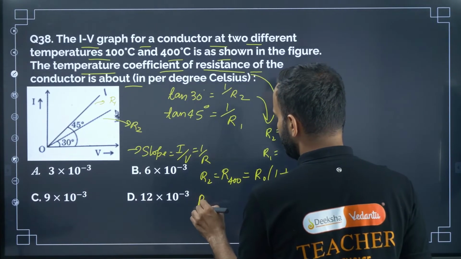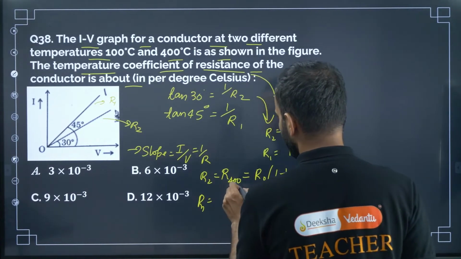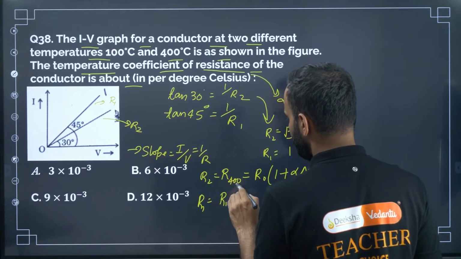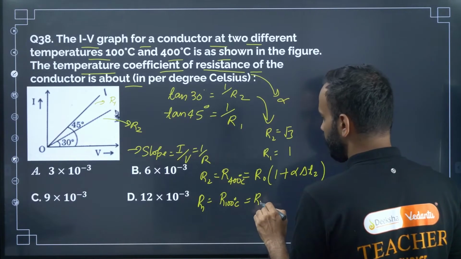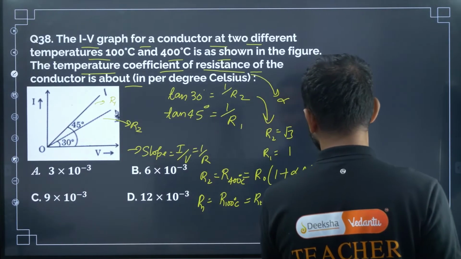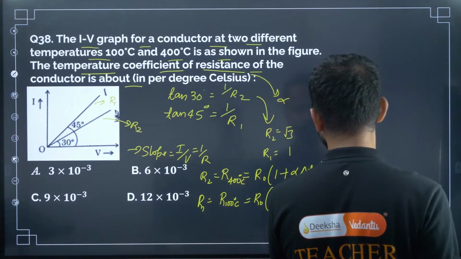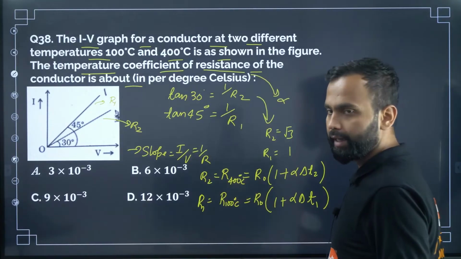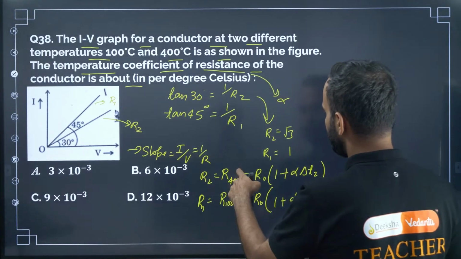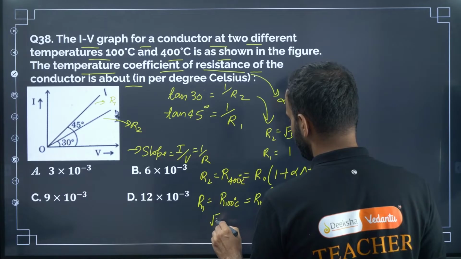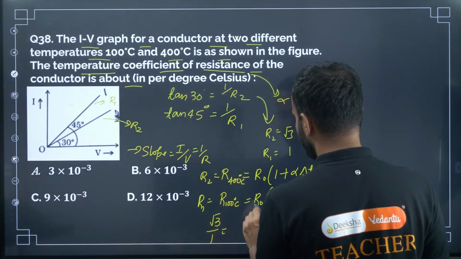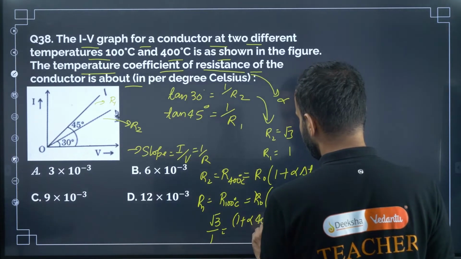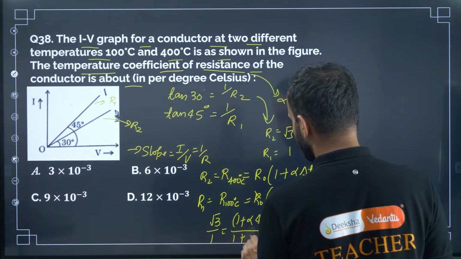R1 is R 100 degrees Celsius, which is equal to R naught into 1 plus alpha into delta T1. Now divide R 400 by R 100. R 400 is root 3, so root 3 divided by 1 equals 1 plus alpha into 400 divided by 1 plus alpha into 100, since R naught gets cancelled.